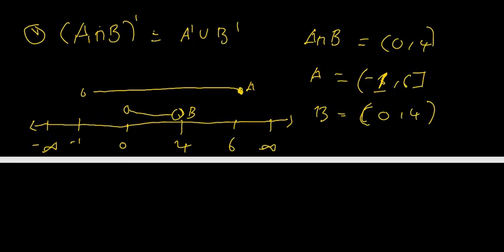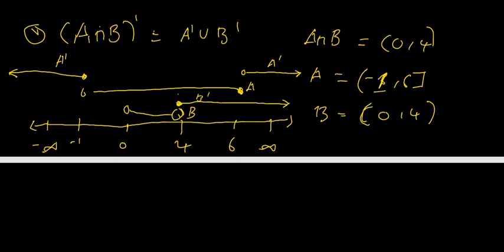So A complement will be just from here, which here it will be included all the way to there, and from there it won't be included there. So this is our A complement, and that one will be our A complement. Then our B complement will be from there all the way to infinity there, where here it will be included, since here it is not included.